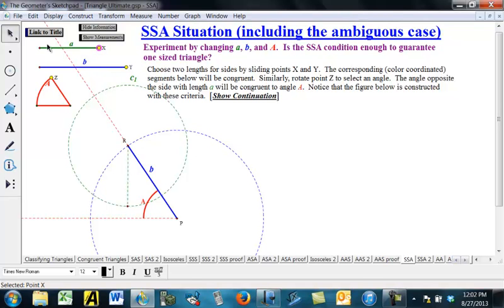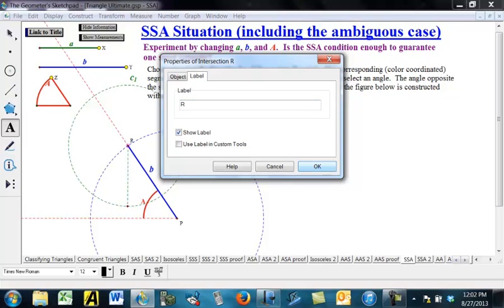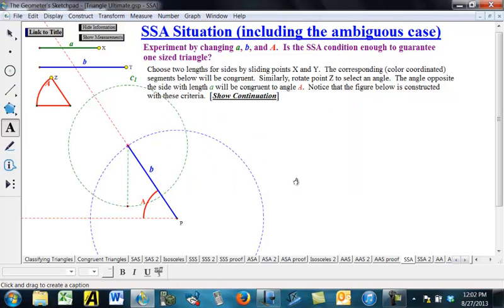compass. We set it to this length of A, and we know that from this point up here we must in fact have this length.